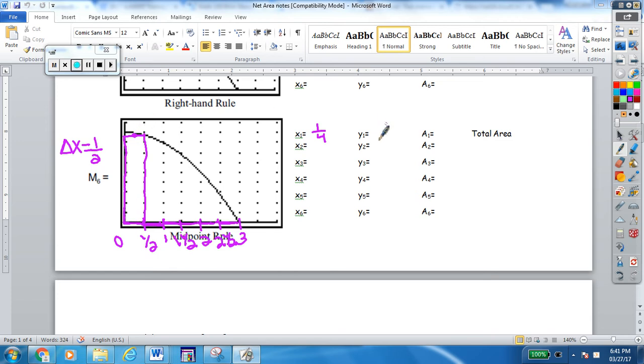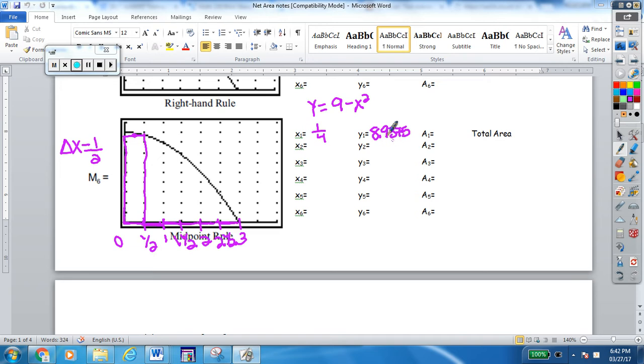So the y value is going to be, again, our function is 9 minus x squared. So the y is going to be determined by 9 minus 1/4 squared. And in this case, I did this with the calculator, 8.9375, I believe. Okay, you can double check my calculations on that. So that's your height.